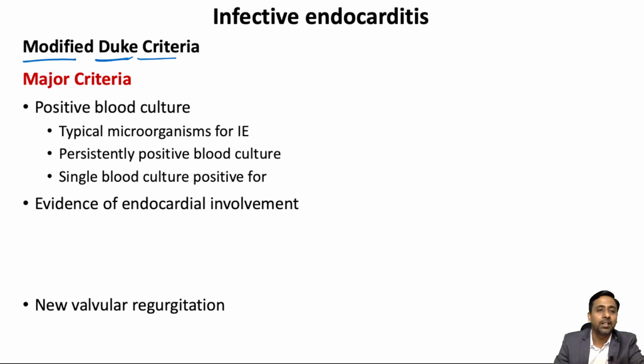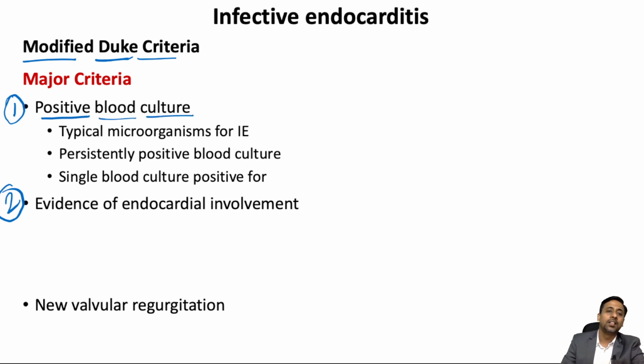Major criteria are primarily 2, and minor criteria are 5 in number. Okay, so we will see the major criteria. The first major criteria is positive blood culture. As in the question also it was mentioned, the blood culture showed growth of alpha hemolytic bacteria. So positive blood culture, one major criteria was met, and second, it showed intracardiac mass on the valve. So again we'll see which major criteria it was meeting.